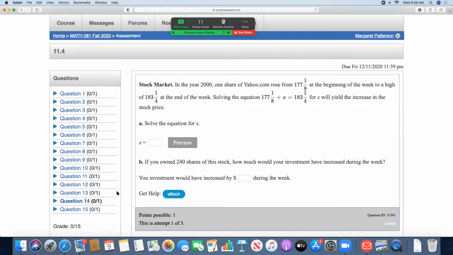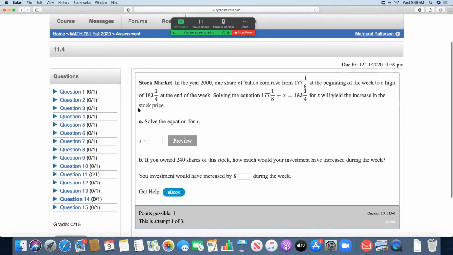So that's one sentence and it tells you what it's about: the price of the stock. But then the second sentence tells you what they want you to do, doesn't it? Solving the equation. It's 177 and 1/8 plus X equals 183 and a quarter.